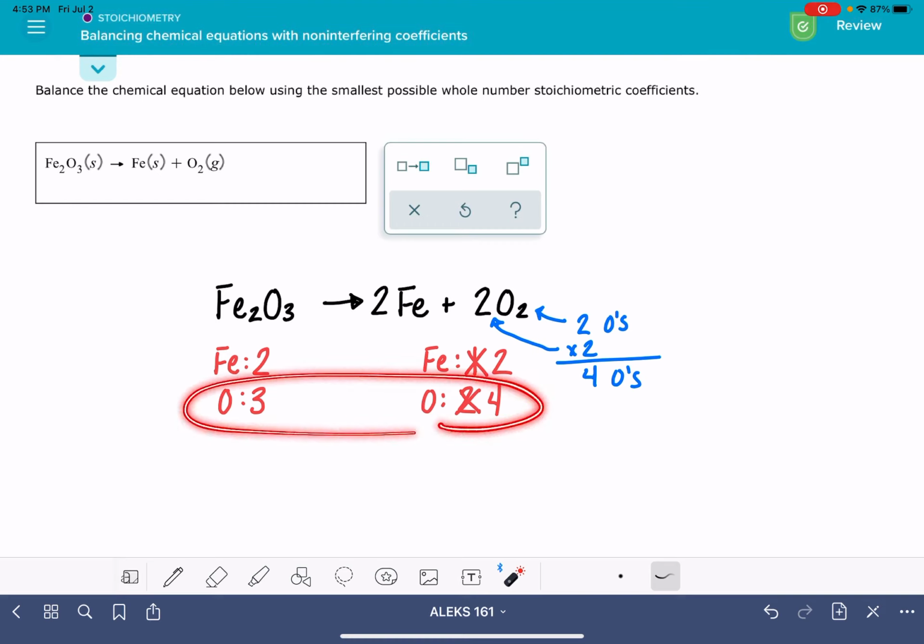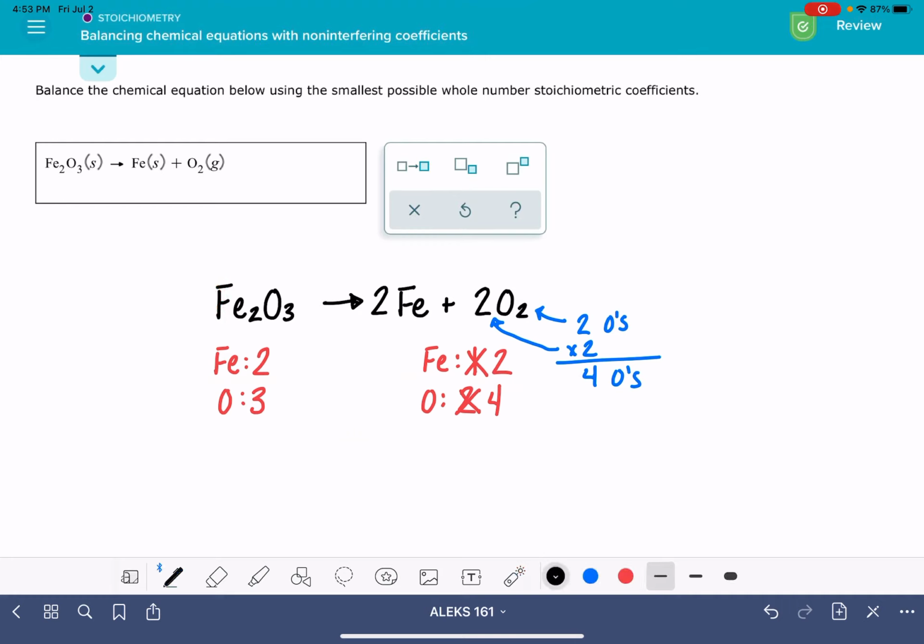So I did that, but that didn't really help my situation because now I have 4 oxygens on the right, but I only have 3 on the left. They're still not balanced. Now I need to increase the number of oxygen atoms on the left-hand side. And to do that, I'm going to do the same thing. I'm going to go to this molecule and change its coefficient. I'm going to increase it from 1 to 2. Now I do have to be a little bit careful here.